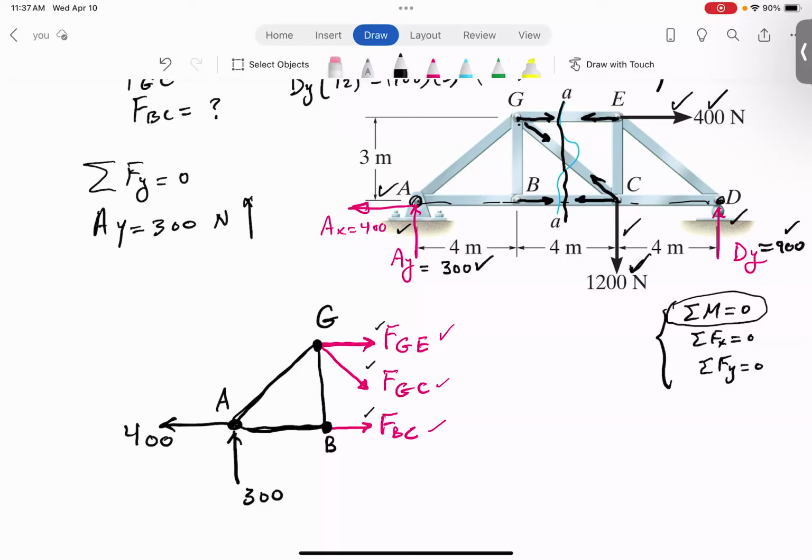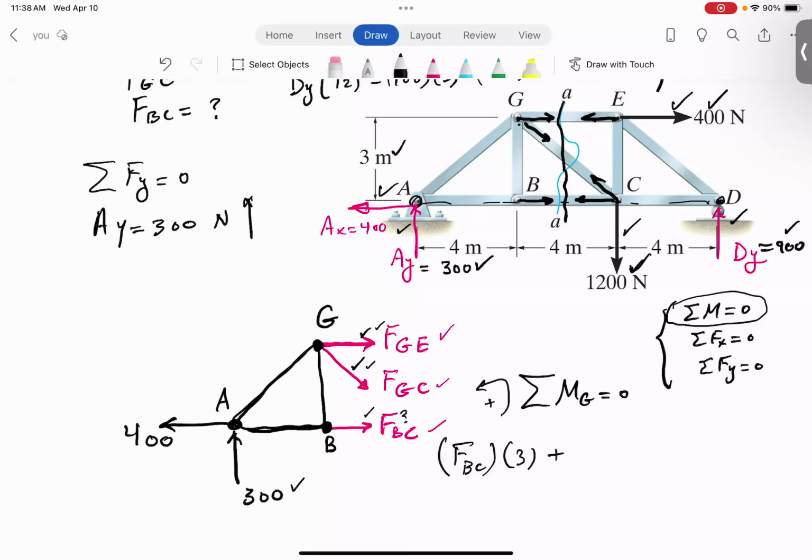So for example, if we go ahead and take moment about G, you see, that's a good point to take moment about, because FGE and FGC don't have any moment. So let's go ahead and do that. Let's take counterclockwise to be positive. So moment of FBC about G is FBC times 3, right? That's going positive.